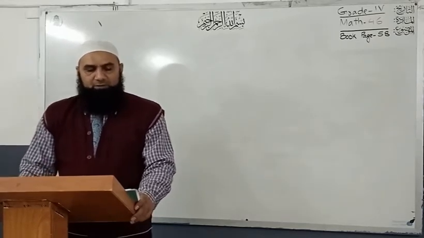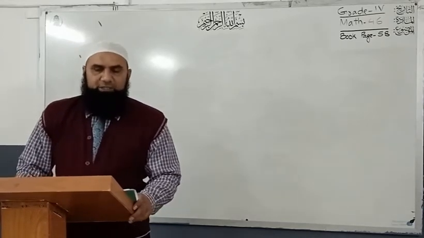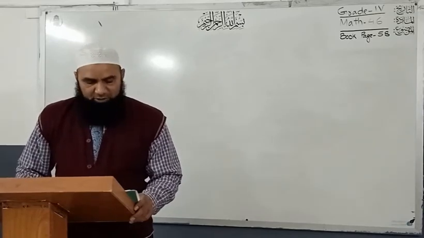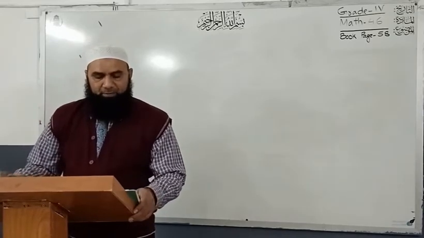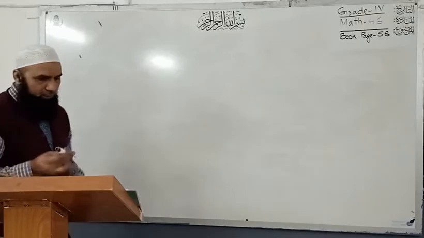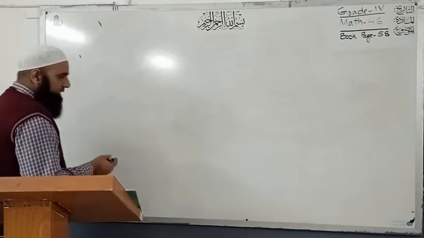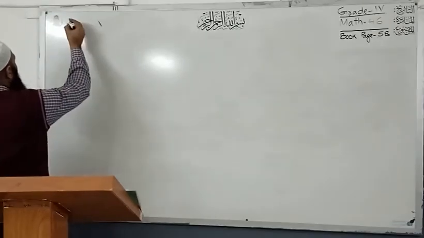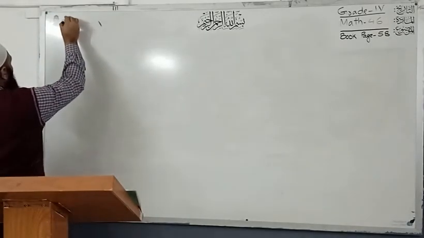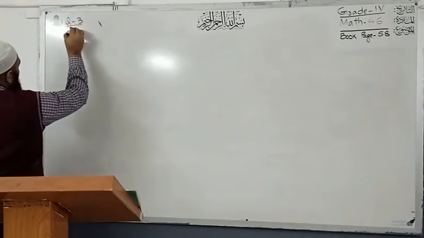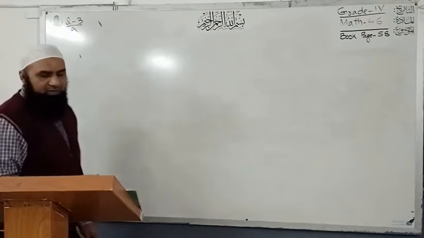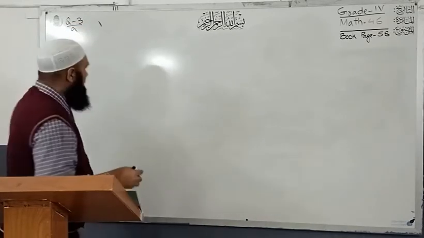Okay? So open your book, page number 58, see question number 3. I'm going to start with number 3, part A. The pair of numbers are 12 and 20.